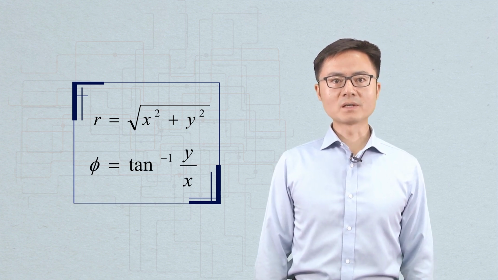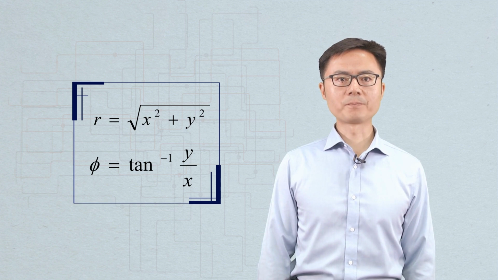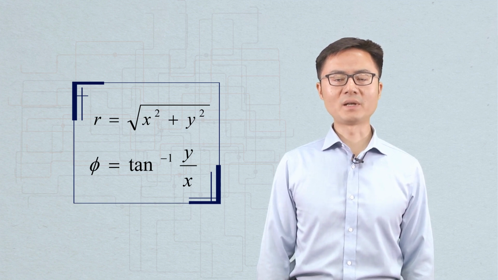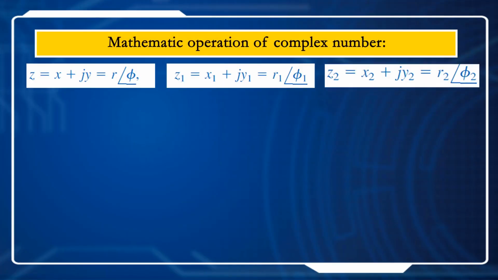Because phasors are complex numbers, you can calculate phasors just like complex numbers. So we write the mathematical operations of complex numbers below. Suppose we have z, z1 and z2. We can calculate the sum and the subtraction of z1 and z2 like this.